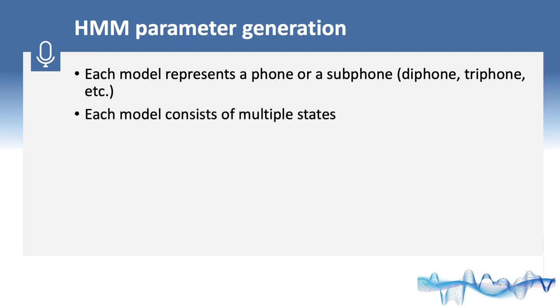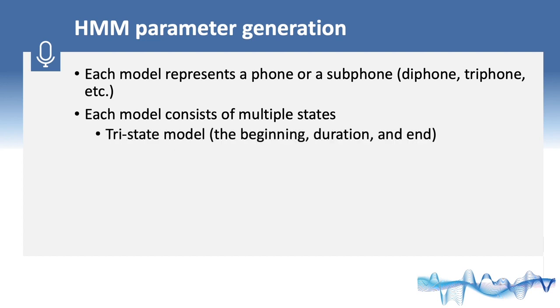Each model consists of multiple states. The current general model divides a phoneme into 3 states, which are used to simulate the beginning, duration, and end of the phoneme. Thus, a 3-state model is used to represent the phoneme.